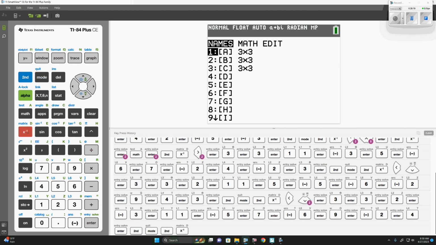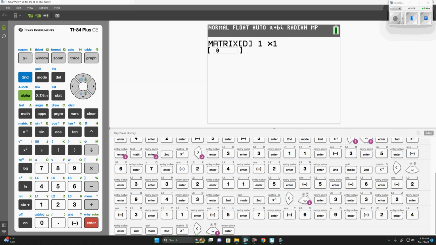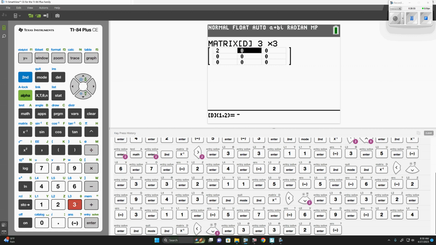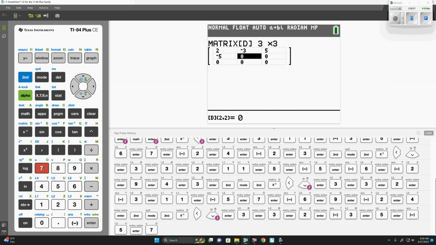So we have the tops of x, y, and z plugged in. Now we just need what would be on the denominator. 3x3. 2, negative 3, 5. Negative 5, 7, negative 2. 9, negative 2, 3.